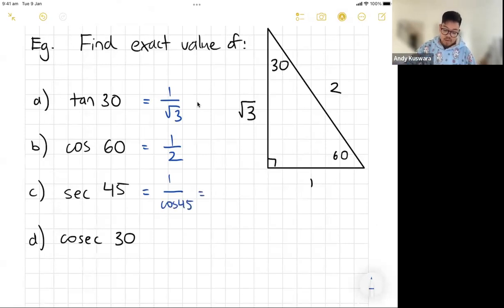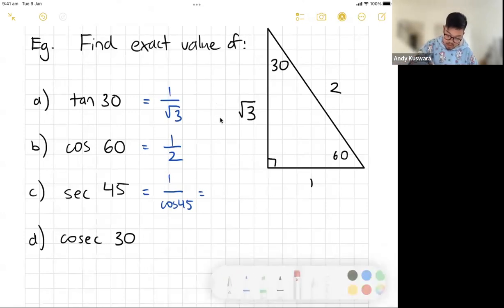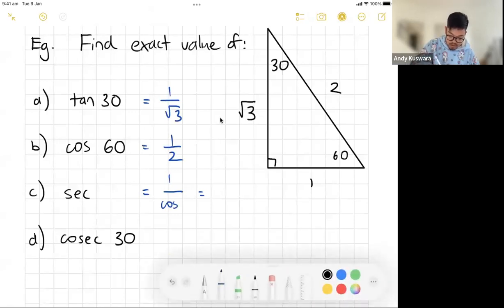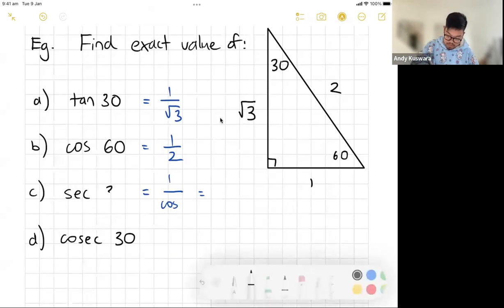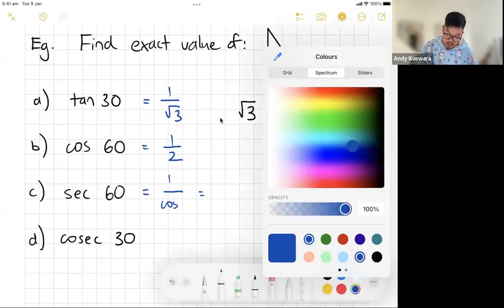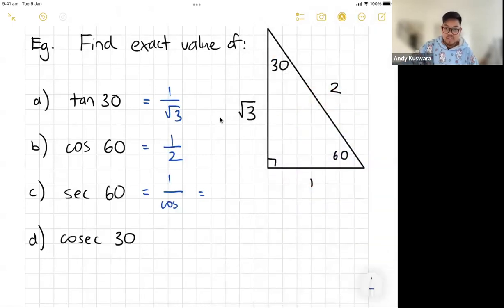Now sec, we know that sec is 1 on cos. So we can write it like that. Oh, we don't have 45, my bad. Let's change that to sec 60. We would need a different triangle for the 45 because there's no 45 degrees in this triangle.